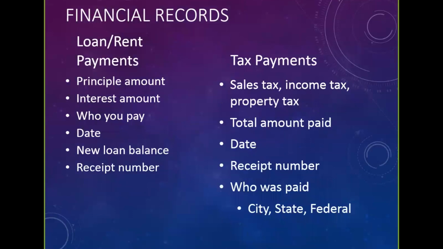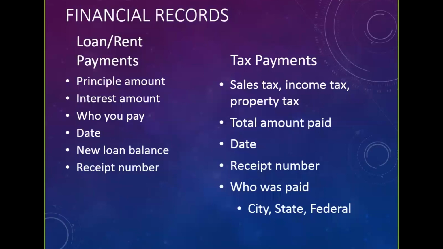So financial records, like I said, loan and rent payments. If you've got a mortgage on the farm or a loan on the farm, or you're renting dock space, those types of things, the principal amount, the interest amount, who you paid, the date, your loan balance, and a receipt number.